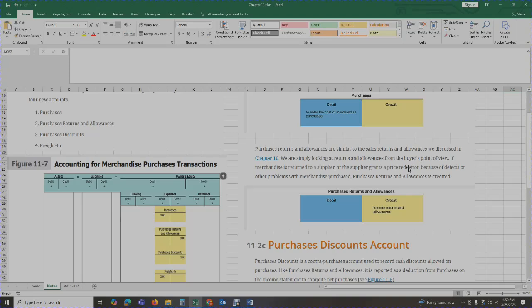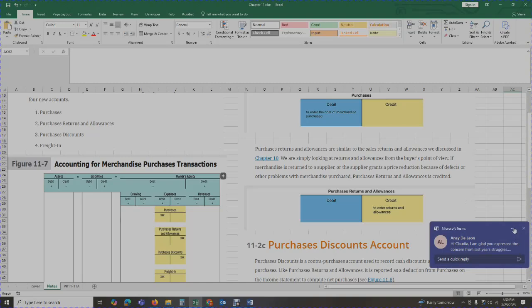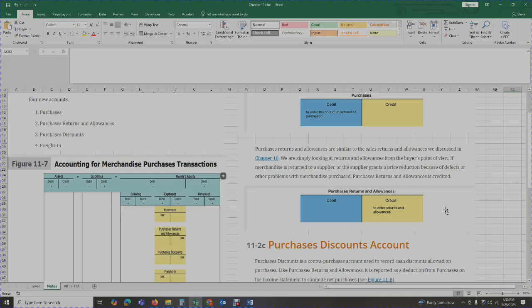If merchandise is returned to a supplier, or if the supplier grants some kind of price reduction because of a defect or anything of that nature, then we are going to credit the purchases, returns, and allowances account. Okay, so if you hear of a return or an allowance, automatically think a credit.